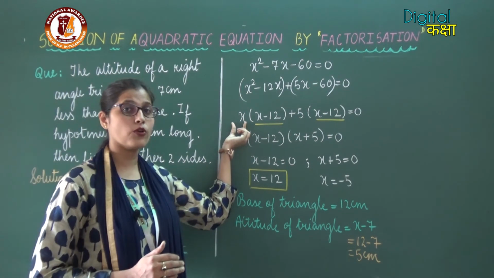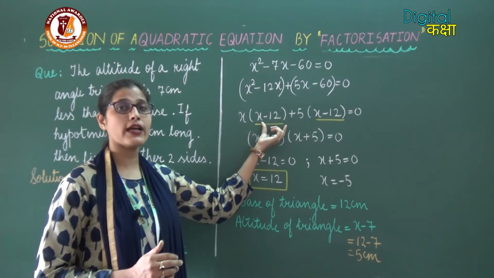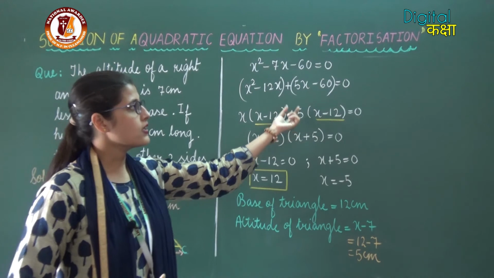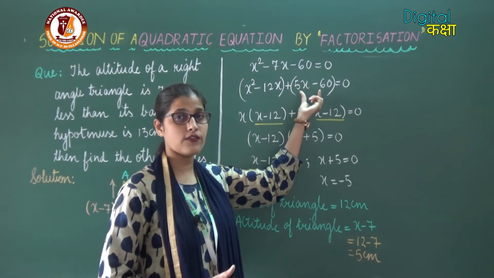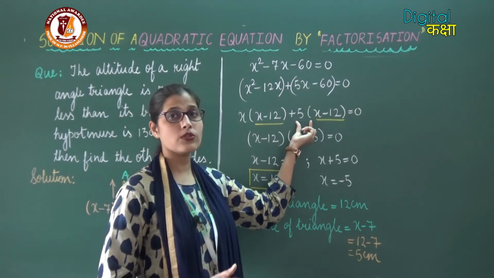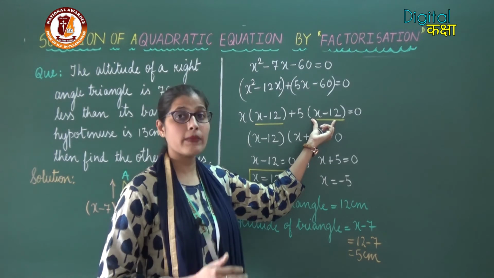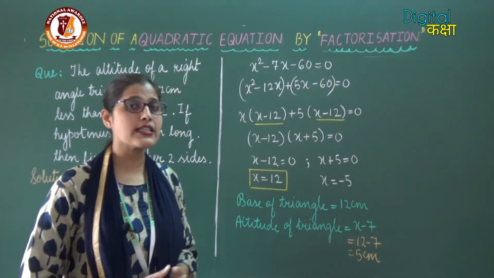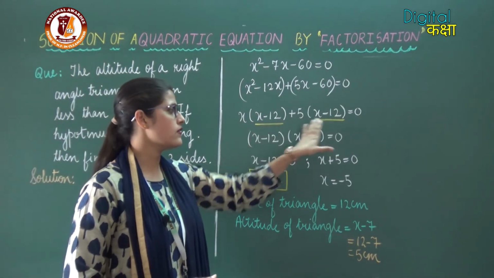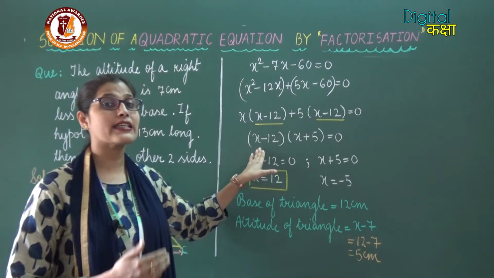In the first group, x is the common factor. We will be left with x minus 12. Plus here, 60 and 5 both are divisible by 5, so we will take out 5 as the common factor. We will be left with x minus 12. As you can see, x minus 12 is common over here, so we will write it once.